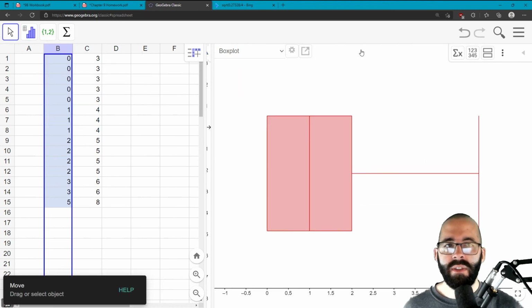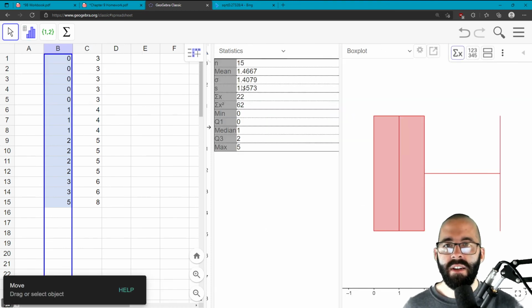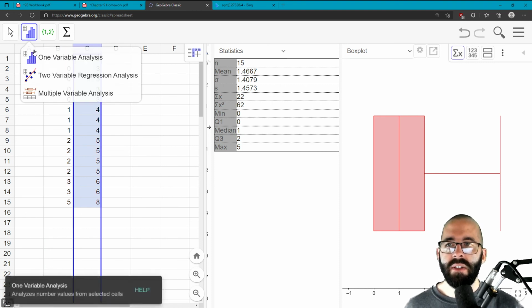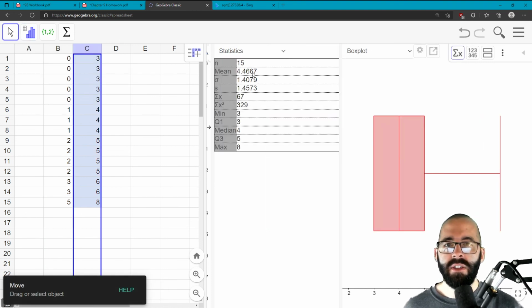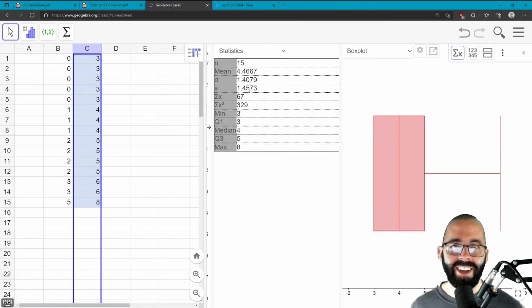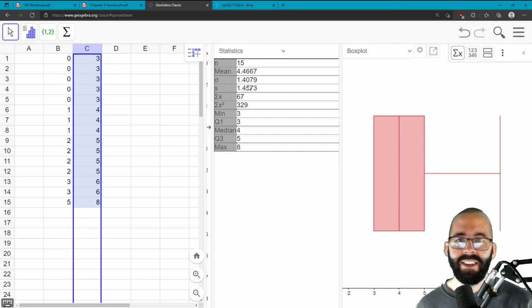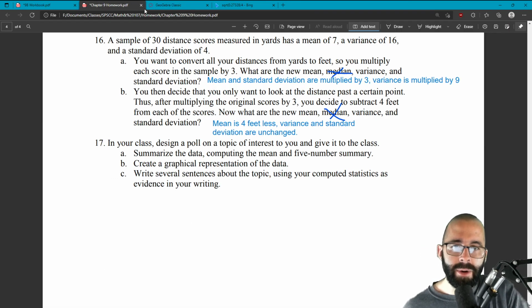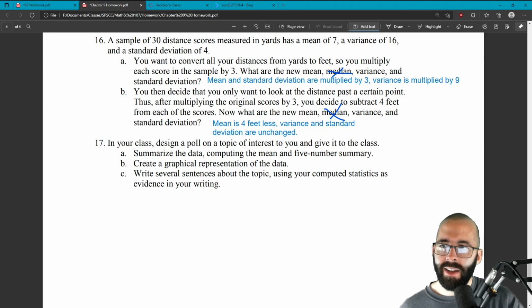So the first one has a standard deviation of 1.46. The second one has a standard deviation of 1.46. And the variance is actually the same, because the variance is just the standard deviation squared. So if the standard deviation is the same, the variance is unchanged as well. Kind of a cool little problem. A little outside the scope of this class, but fun to talk about.